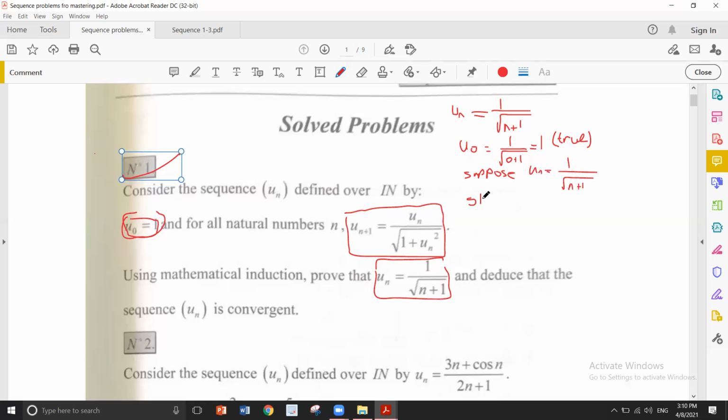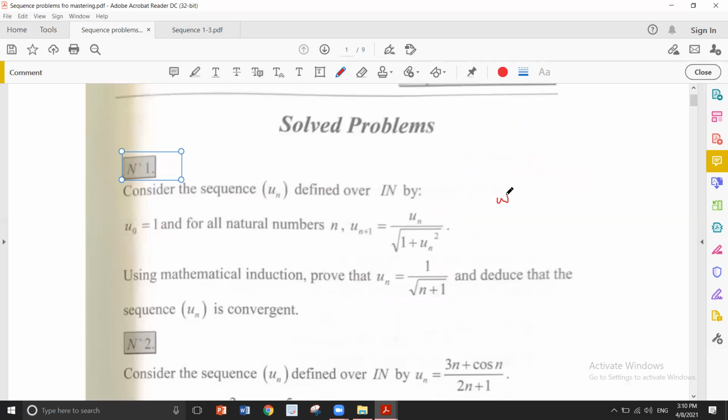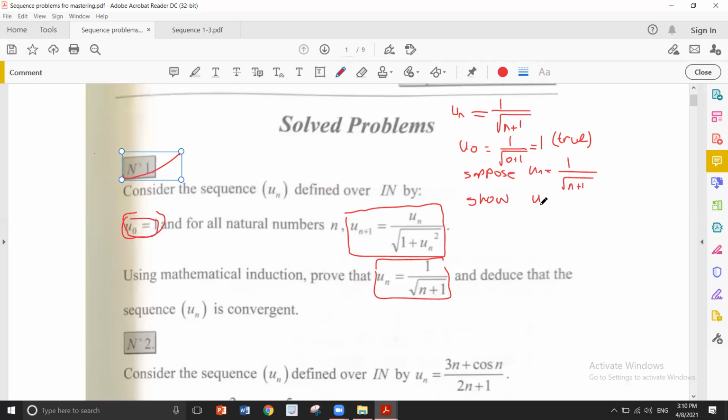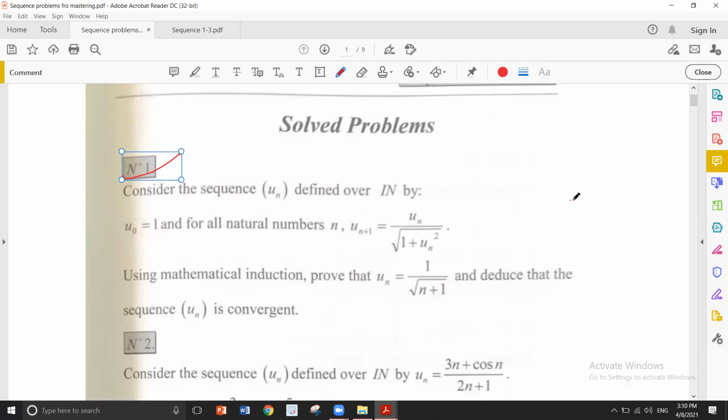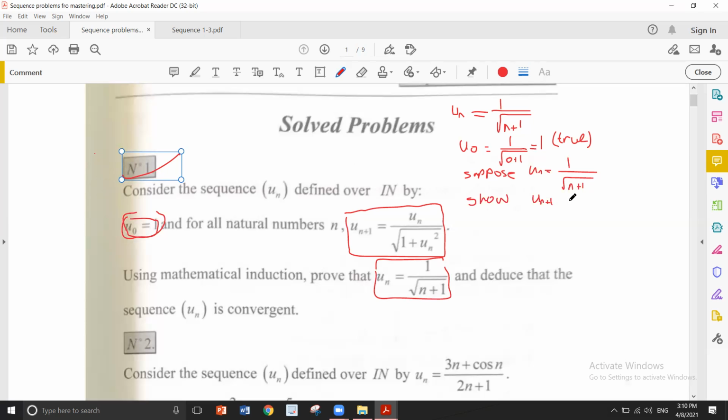We are going to show un plus 1 equals what? Who can tell me 1 over what? 1 over radical n plus 2. How to prove this relation?